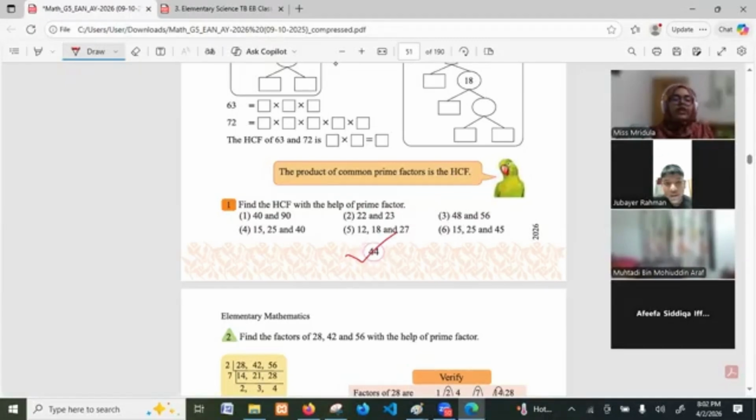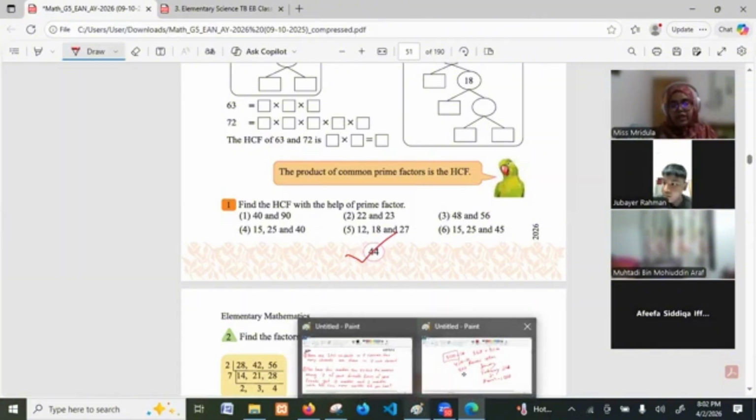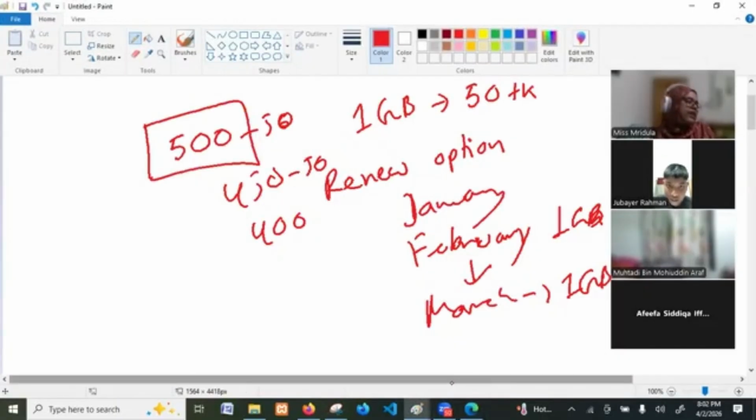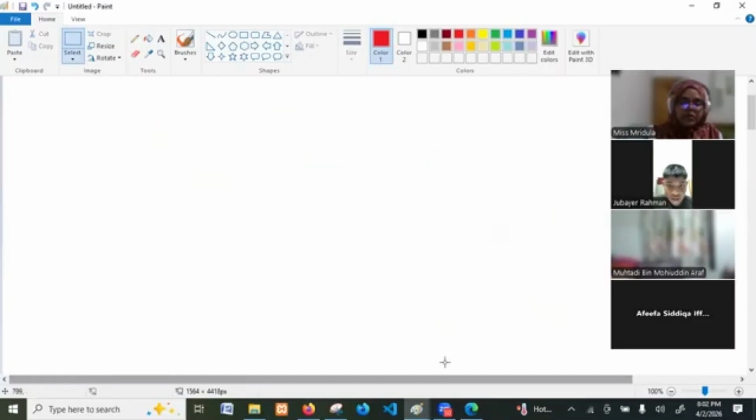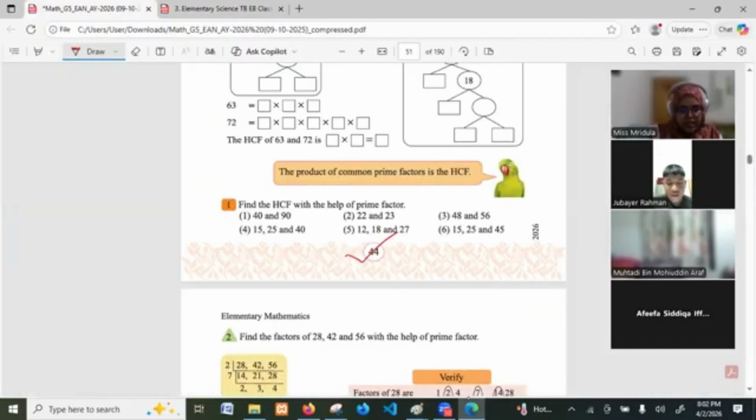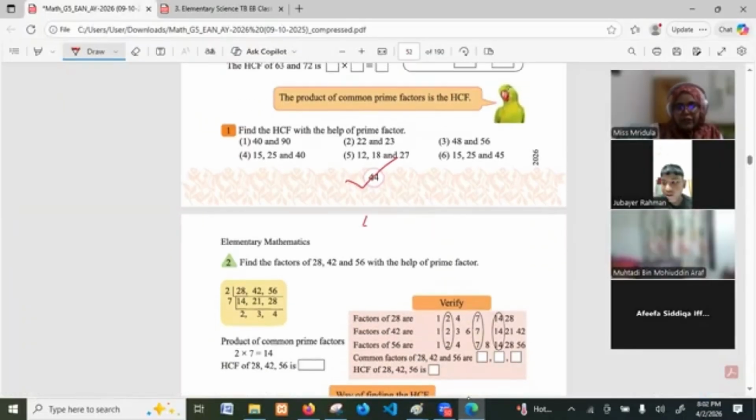Do you remember we learned the method of doing LCM at the end, just like this? So if I'm reviewing the LCM, it will be better to differentiate between HCF and LCM. Page number 45, we will start with.